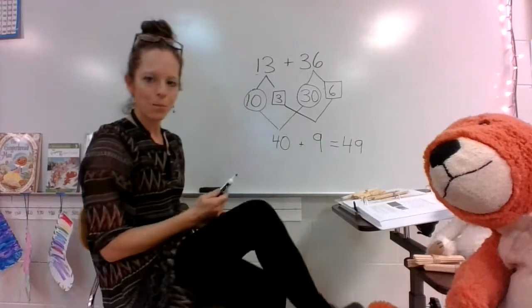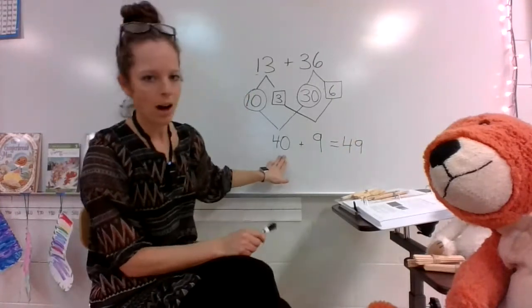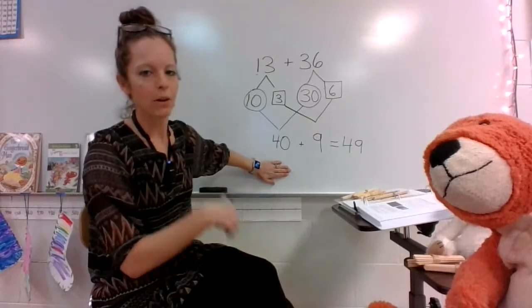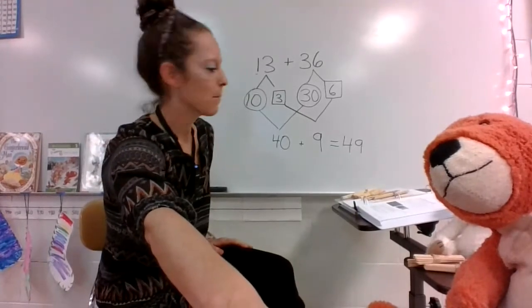Do you see how it's so much easier to add that single digit on when it's a decade number of 40 or 30 or 60 or so on? It's much easier. Let's try one more.